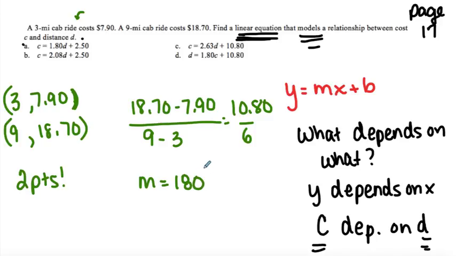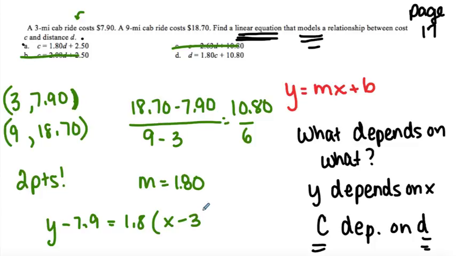Now, to be quite honest with you, that means that my answer has to be A, but I'm going to get rid of these guys. And now I'm going to write my equation. So I'm going to use point slope because I just find it to be easier. So y minus 7.9 equals 1.8 times x minus 3.